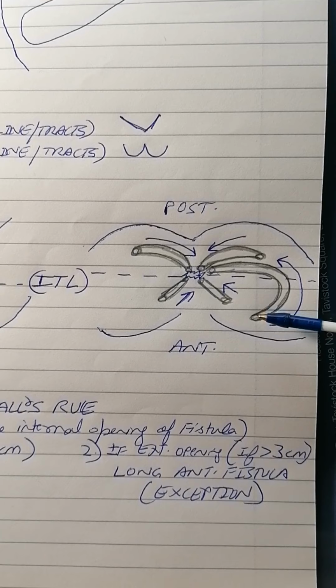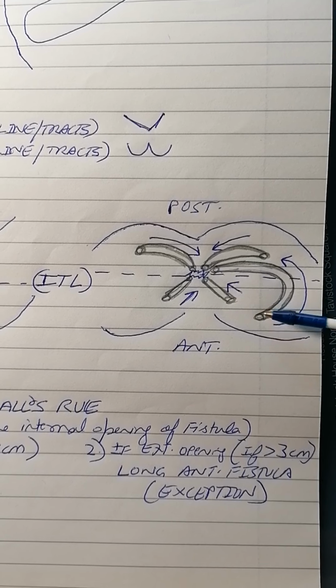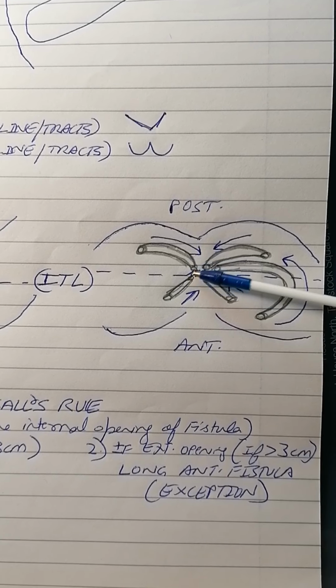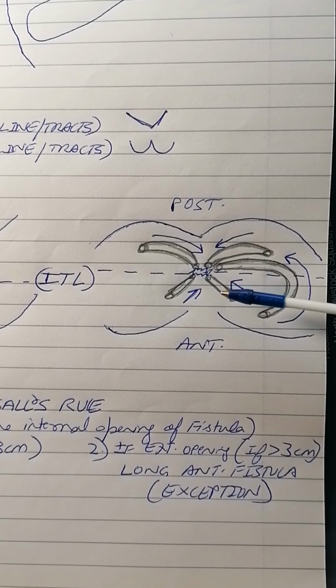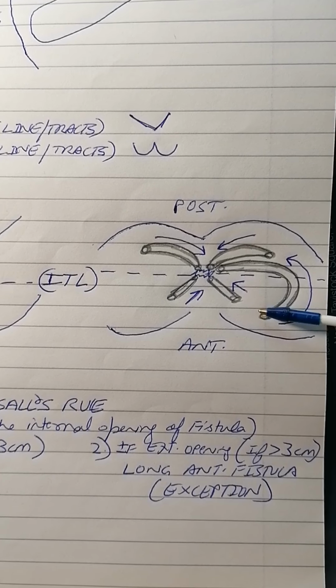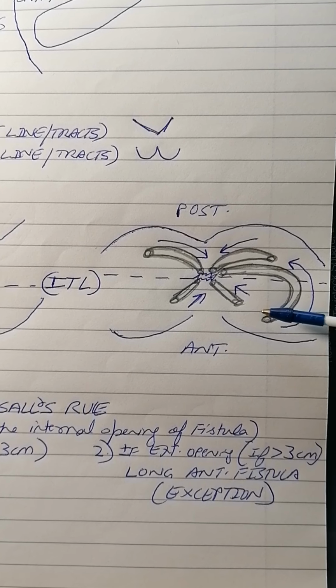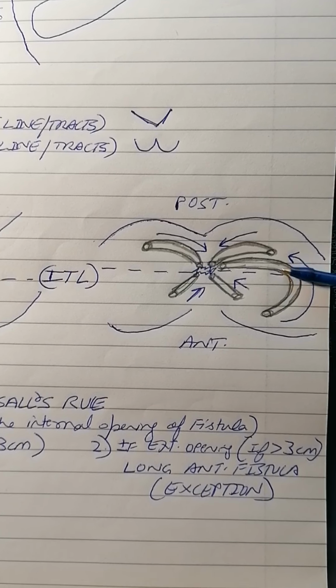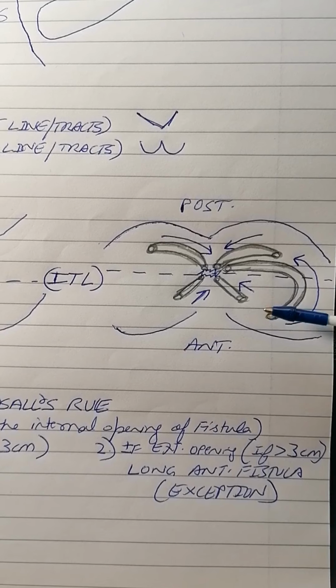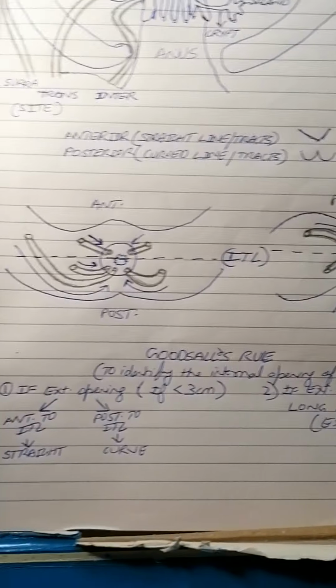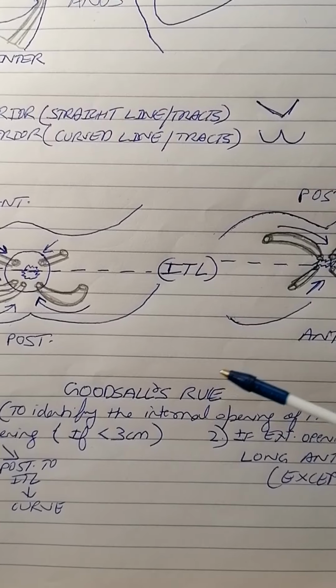Why? Because it is more than 3 centimeters away from the anal region. Even though it is in the anterior region, internally it will take a curve, because it is more than 3 centimeters. So here's Goodsall's rule.